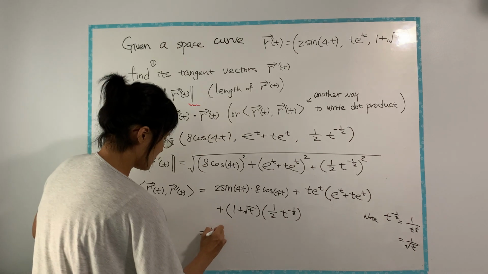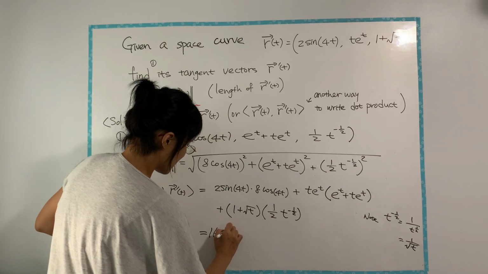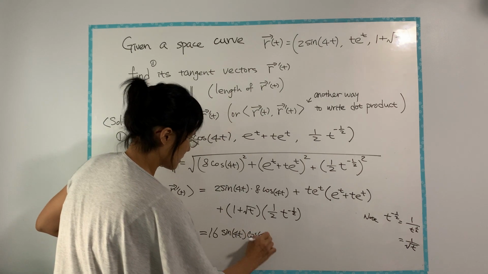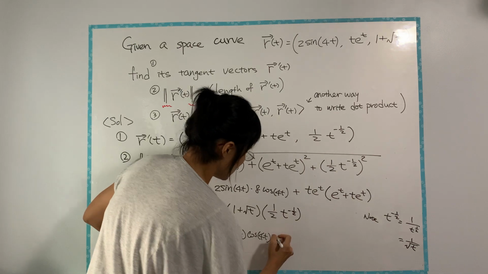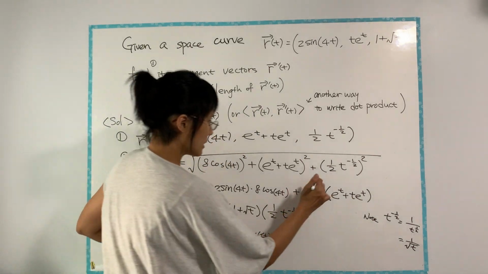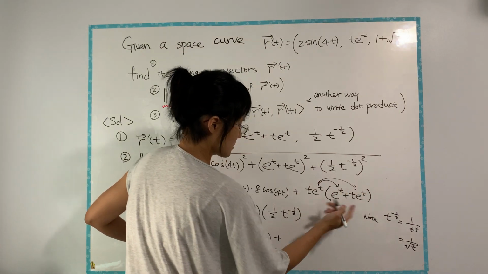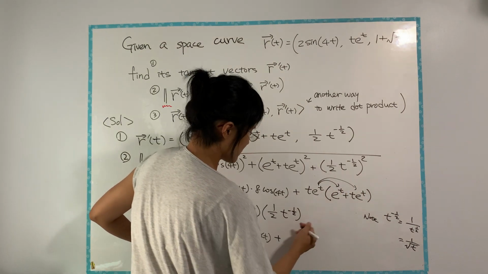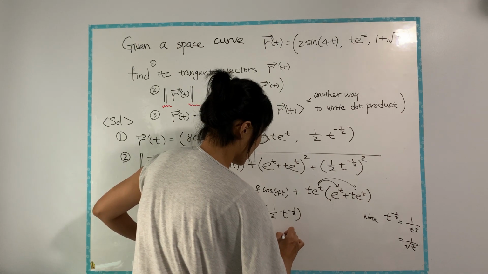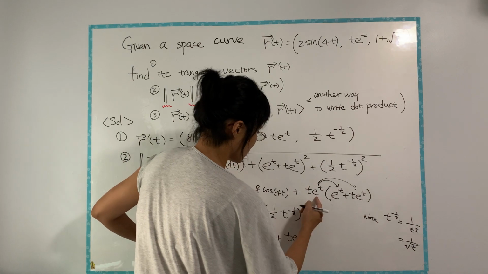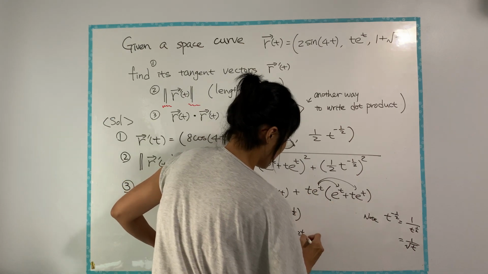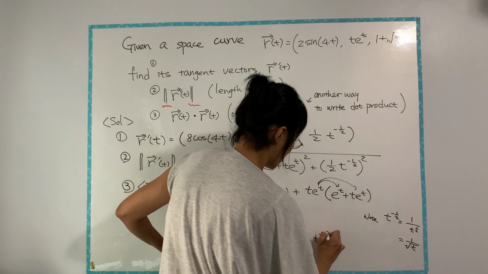2 times 8, 16 sine of 4t cosine of 4t. Over here, you can distribute it, or just factor out e to the t. But let's distribute it. So t times e to the t times e to the t gives e to the 2t. And the second term, I have t squared times e to the 2t.